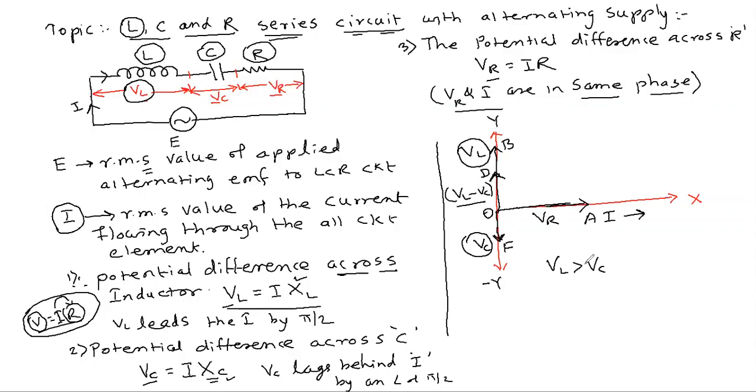Therefore, the resultant of VR and VL minus VC is given by OH. So what is the resultant of these two? Just draw here. I will draw this one once again.